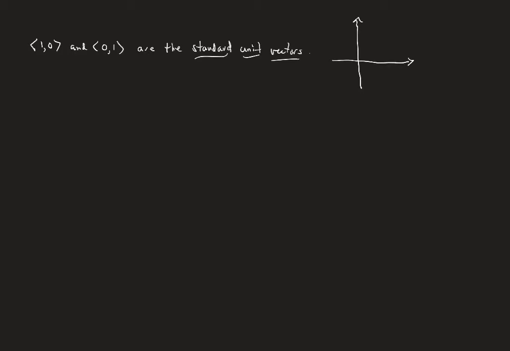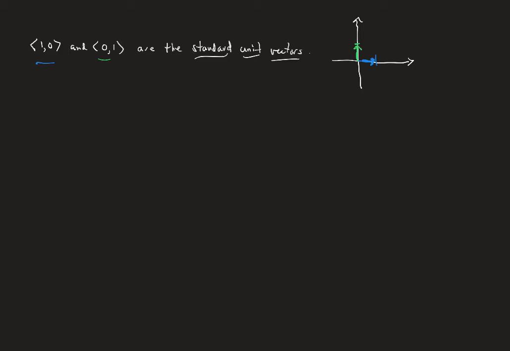So if there's our xy axis, then this vector right here is going to be a vector of length 1 that's in the direction of the x-axis. And 0, 1 is going to be a vector of length 1 that is in the direction of the y-axis.